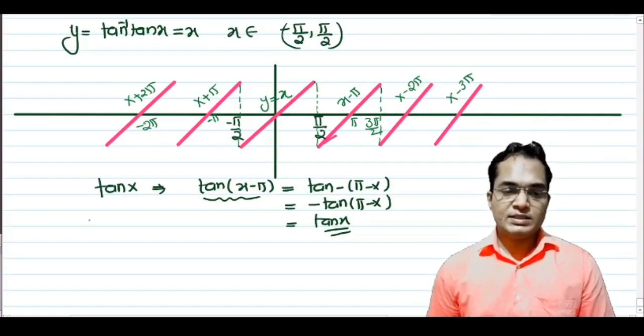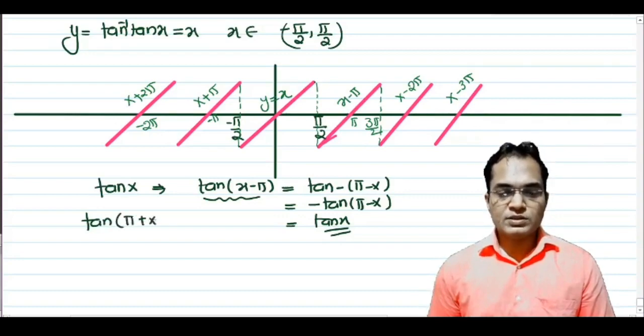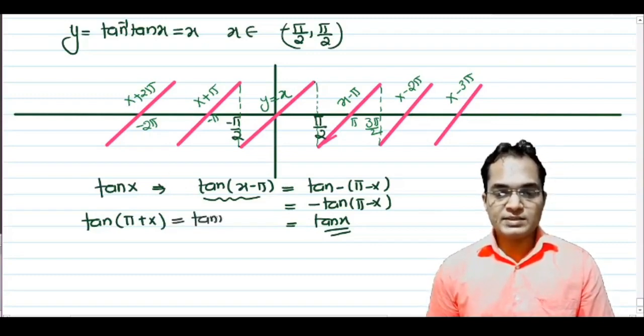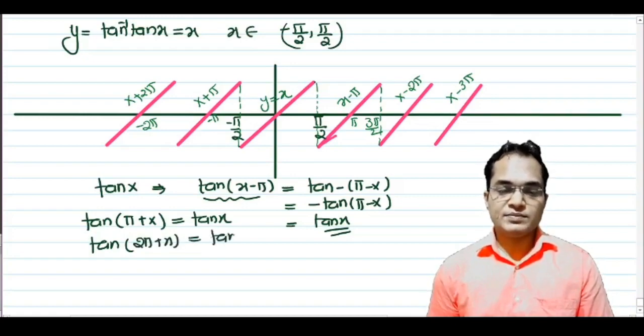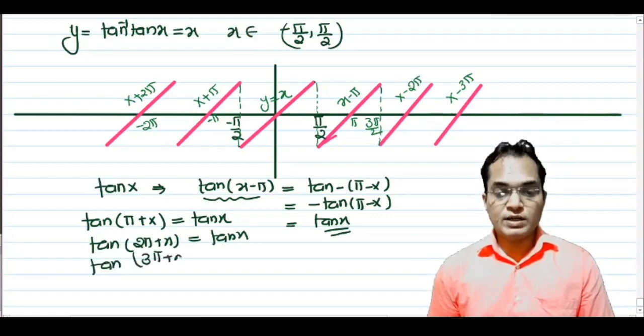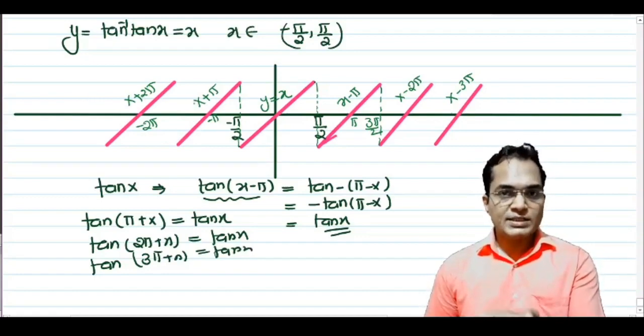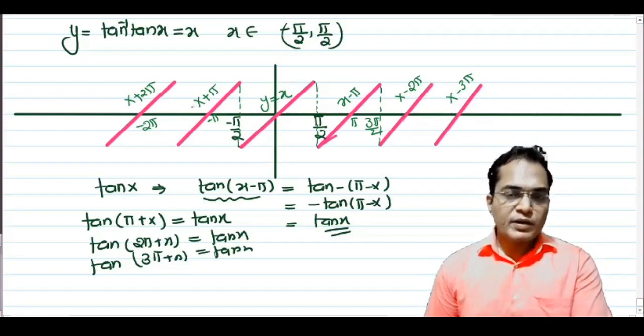Got it? And tan x can be written as tan of pi plus x, because in the third quadrant tan is positive, and this becomes tan x. If we write tan of 2 pi plus x, then where is the angle? This is in the first quadrant, that's why it is tan x. If we write tan of 3 pi plus x, it is again in the third quadrant, that's why it is tan x. All these lines represent values such that the converted form becomes tan x.